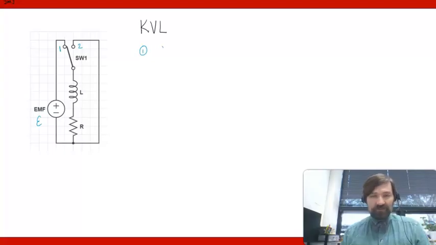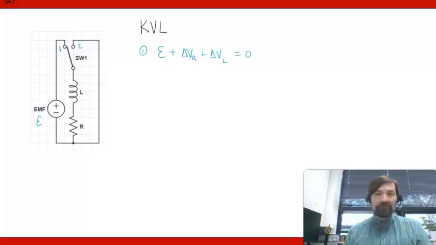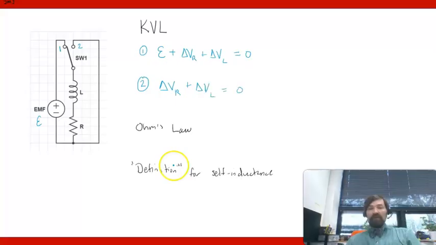And so I should be able to write EMF minus the voltage drop across, or plus the voltage drop across the resistor, plus the voltage drop across the inductor is equal to 0. In position 2, I should just simply be able to write that the voltage drop across the resistor plus the voltage drop across the inductor is equal to 0.